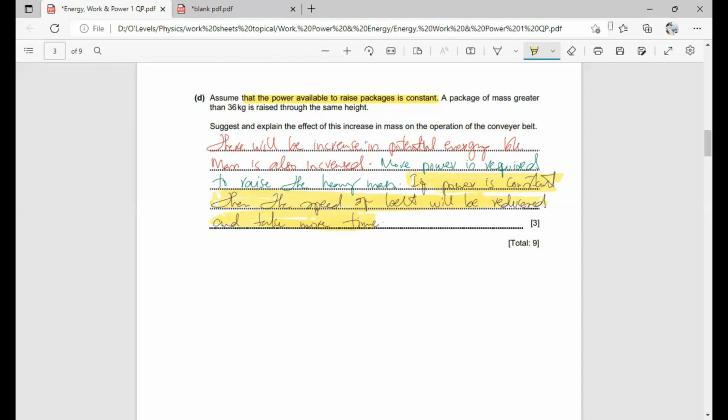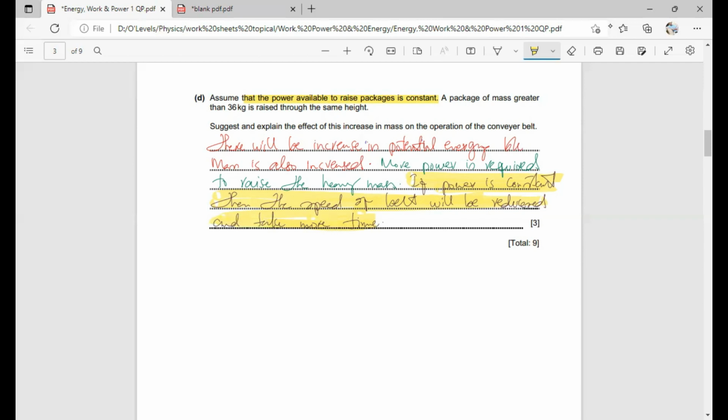So this is the 3 reasons. Number one, there will be an increase in the potential energy because the mass is also increased, so more power is required. The second one, if the power is constant, the speed of the belt will be reduced and it takes more time.